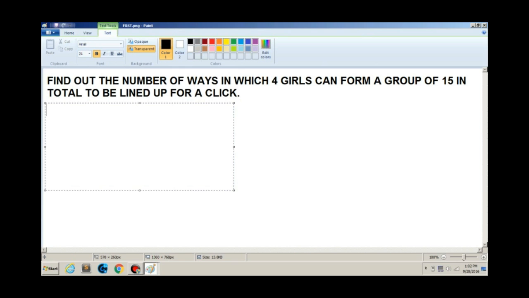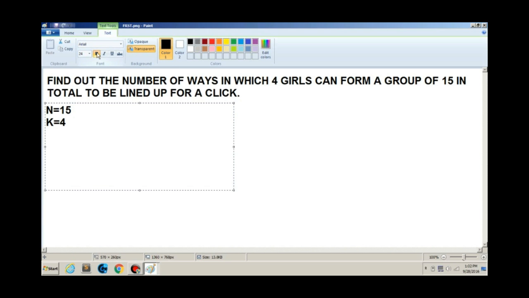Our n there is 15, because 15 is the total number of objects. K is equal to 4, because as we know, k is the number of objects taken.